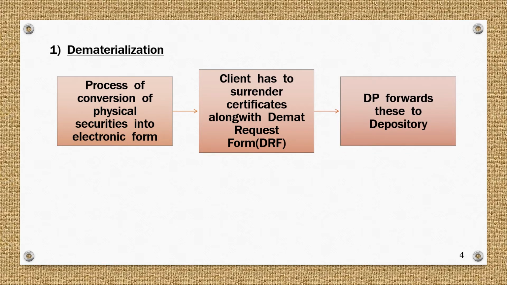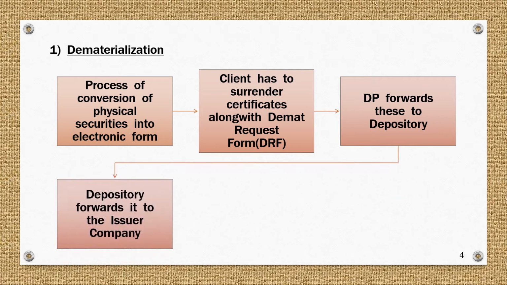The depository participant, that is the DP, then forwards these documents to the depository, that is either NSDL or CDSL. The depository then forwards these documents to the issuer company, that is the company which had issued such securities.